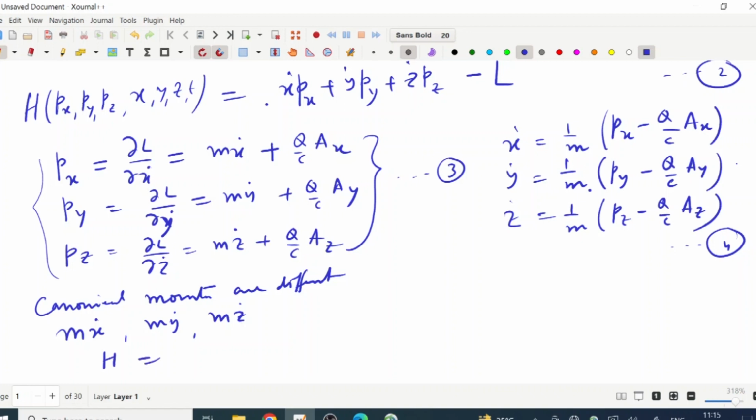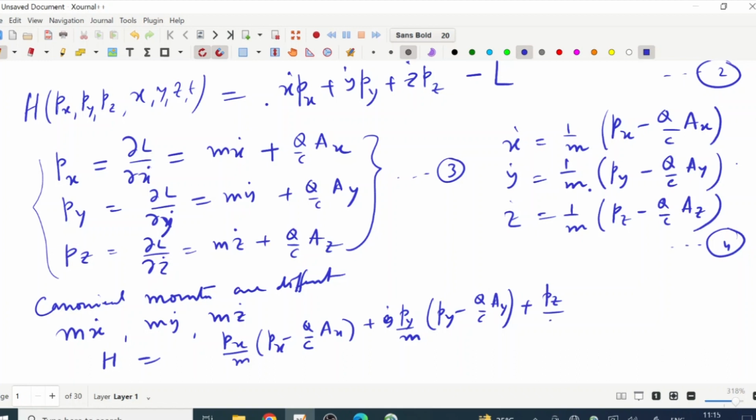It will be p_x and x dot: p_x by m times (p_x minus q by c A_x), plus y dot, which I will substitute: p_y by m times (p_y minus q by c A_y), plus p_z by m times (p_z minus q by c A_z).